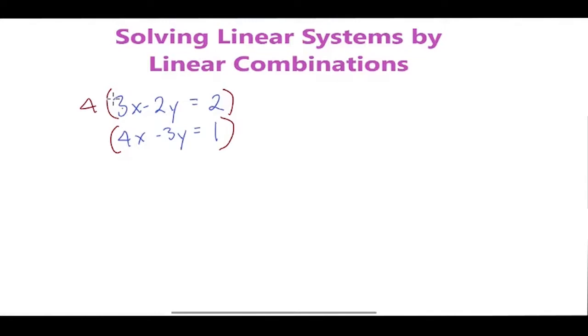And I will multiply the bottom by 3. But if you see, if I multiply 4 times 3x, and 3 times 4x, I'm going to get 12x on top and bottom. So that means I need to multiply one of my equations by a negative as well. So I will choose to make the bottom one the negative.